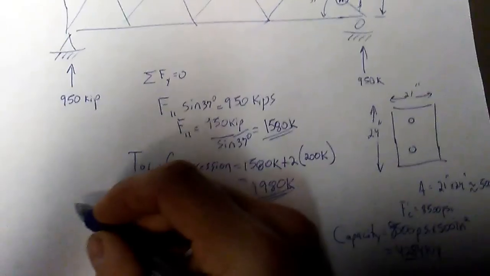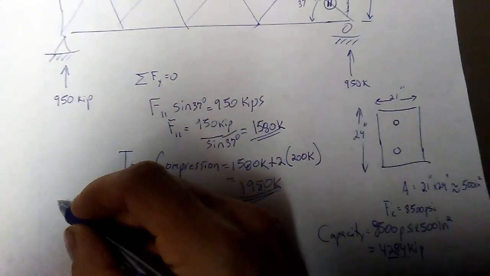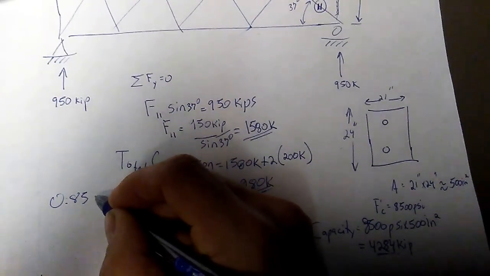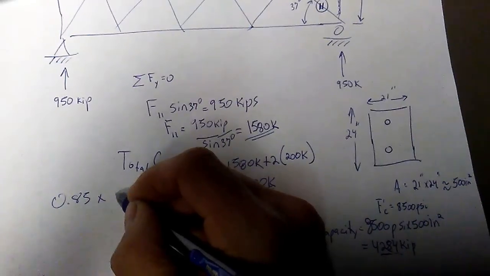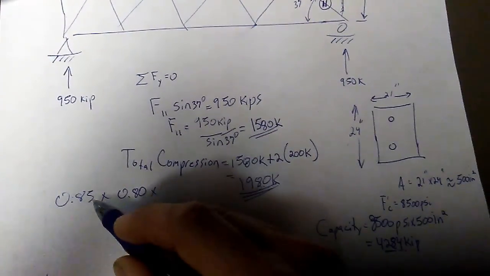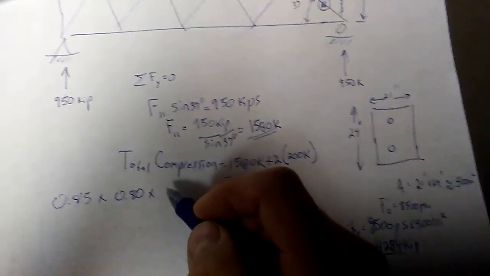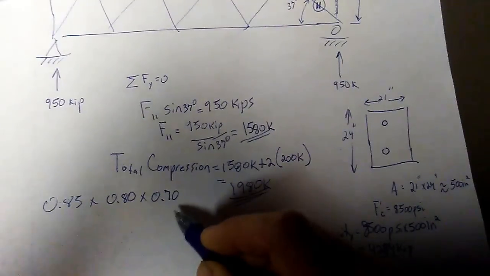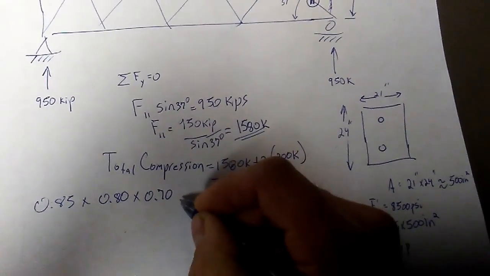Now, if you add all those safety factors, they're all multiplied and incorporated into this equation. So your safety factors are approximately 0.85 for concrete, and then you multiply it by 0.80 for eccentricity. So again, that's a 15% reduction, that's a 20% reduction, and then you take a 0.7, that's a 30% reduction.